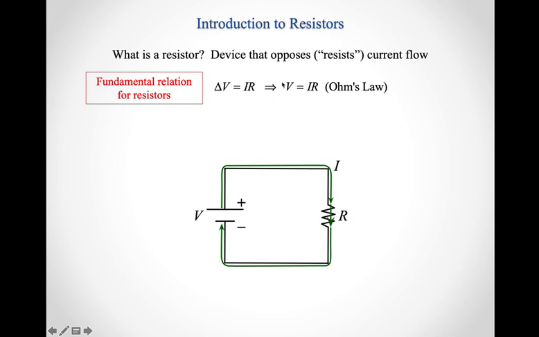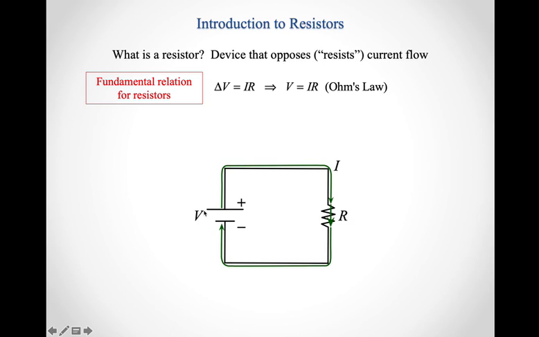So Ohm's law tells us how these three important parameters relate. Just remember, of course, that this is the potential across the resistor, the current flowing through the resistor, and the resistance of the resistor. In this case, because we only have a single resistor connected to our battery, the potential difference across the resistor is the same as the voltage of the battery.